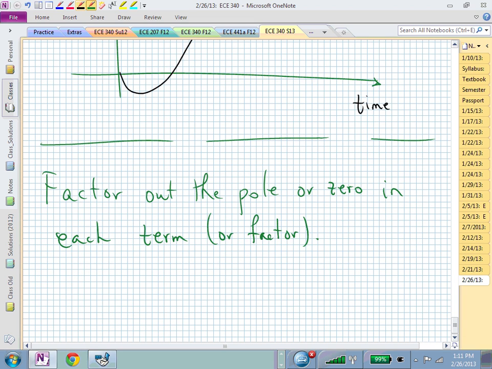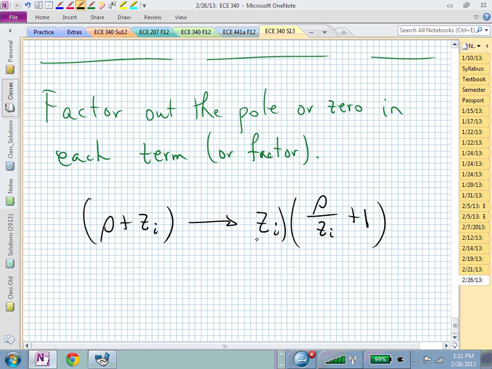Meaning if I had a zero factor that looked like the quantity s plus z sub i, what I'm really saying is let's pull that z sub i out, and I now have an s over z sub i plus 1, or I could now write that also as some z sub i times a tau sub i s plus 1.